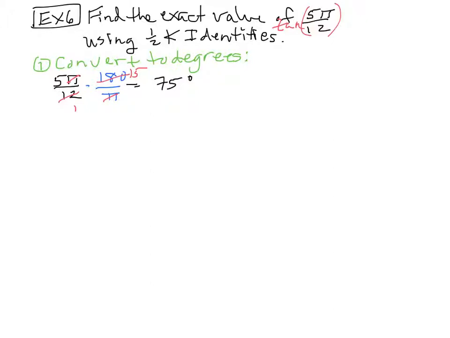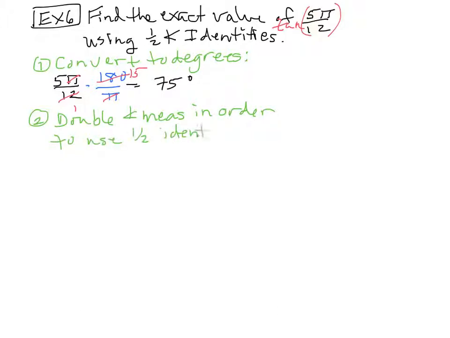So here's what you got to do. Your second step is going to be always to double the angle measure in order to use the half angle identity.